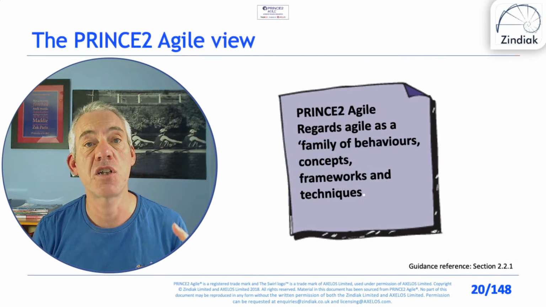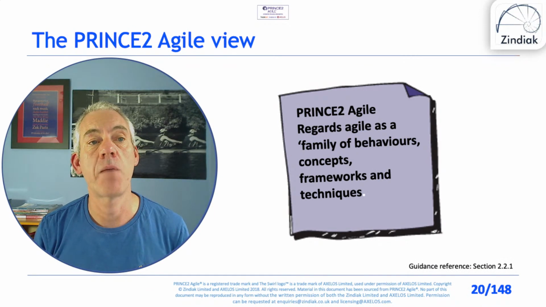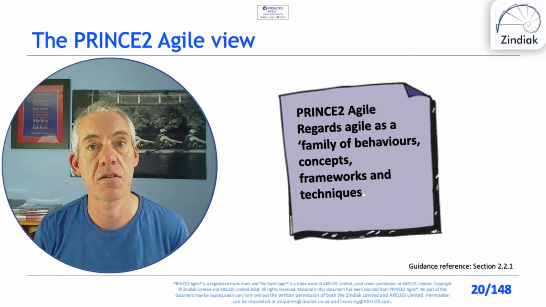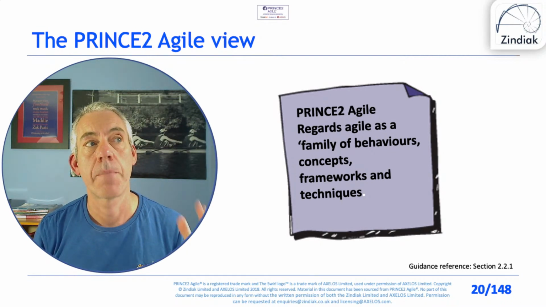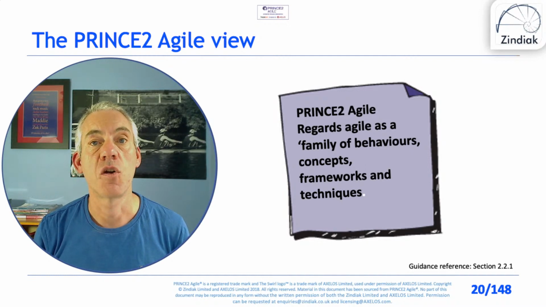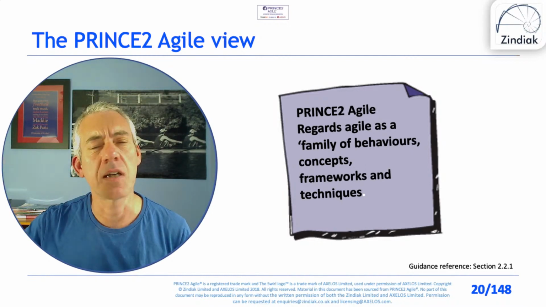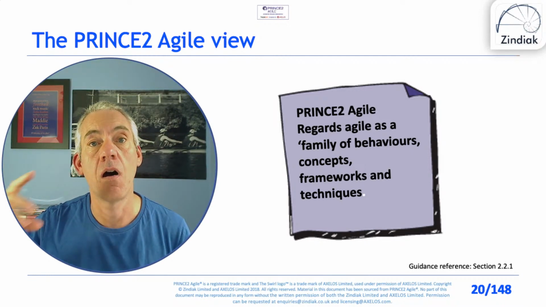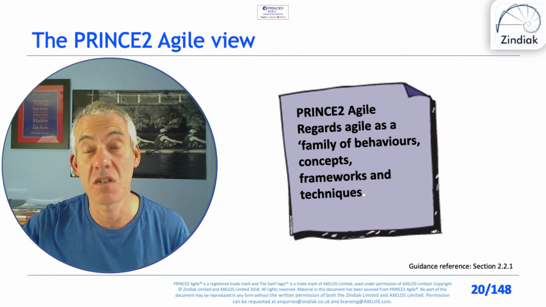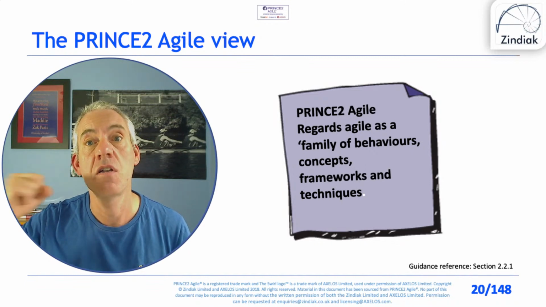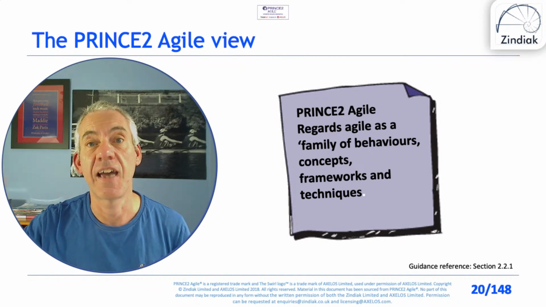So PRINCE2 Agile regards Agile as a family of behaviours, concepts, frameworks and techniques. And again, you need to be able to recognise that because that's very likely to come up in the exam. The first 6 questions in the exam are level 2 questions, so basically harder foundation questions, but foundation level type questions. So you absolutely want to make sure you get all those right.